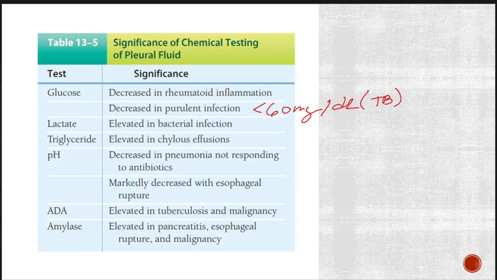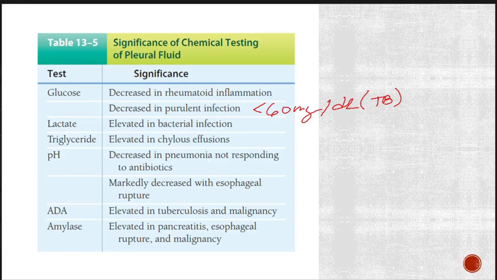Lactate is elevated in bacterial infections, triglyceride is elevated in chylous effusions, and pH is decreased in cases of pneumonia not responding to antibiotics. It is also markedly decreased with esophageal rupture.